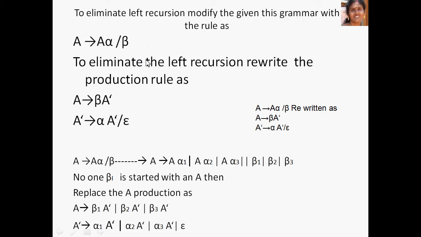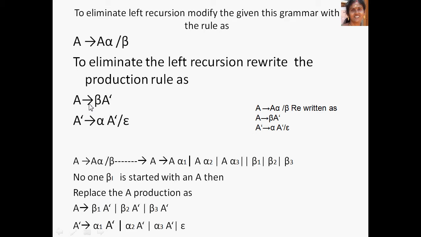After that, consider this production. The same production can be rewritten with the help of these two production rules. How? The A is expanded, instead of with the same capital A, you write the non-terminal node beta, and you introduce another new symbol A dash. This is a non-terminal.